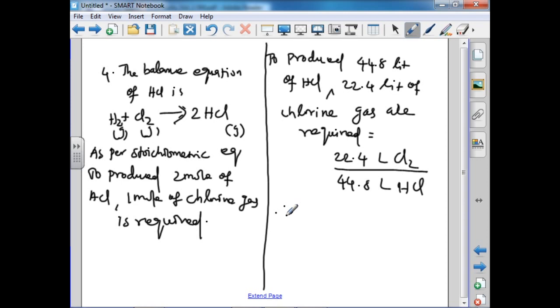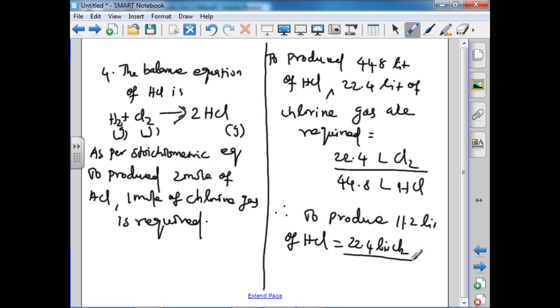The question is, to produce 11.2 liter of HCl equal to 22.4 liter of Cl2 divided by 44.8 liter of HCl multiplied with 11.2 liter of HCl.